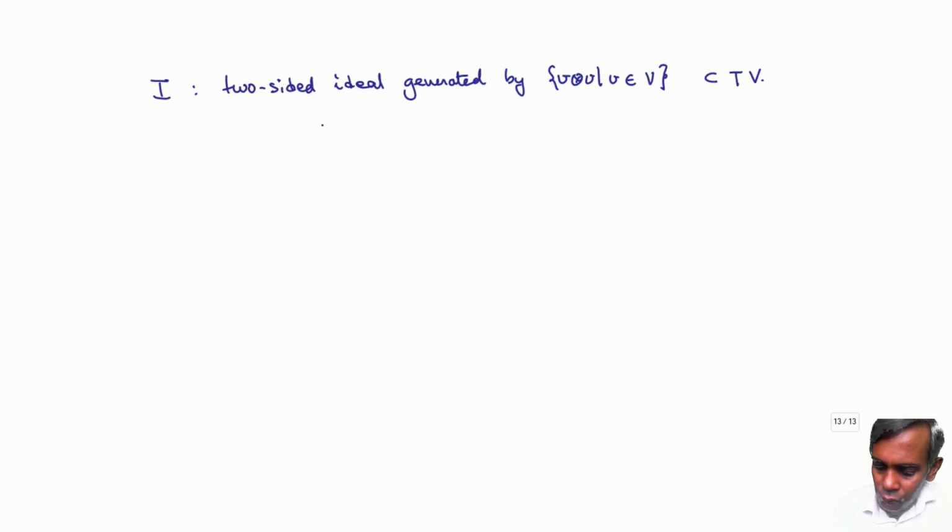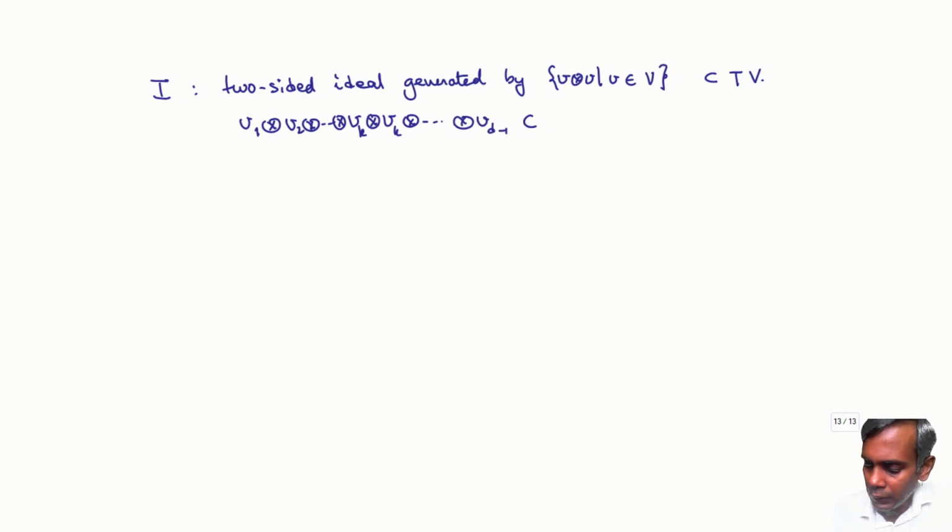And of course, this ideal contains all vectors of the form V tensor V, but it also contains tensors of the form V1 tensor V2 tensor, and then at some place you have a Vk tensor Vk, and then you have tensor Vd minus 1. This would be a tensor in T^d V.